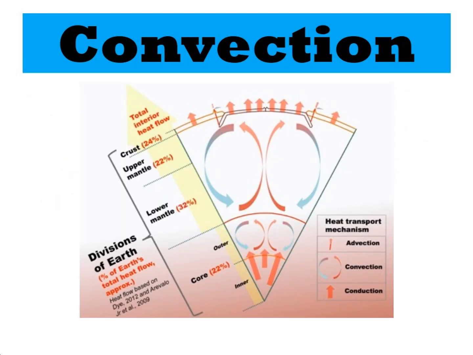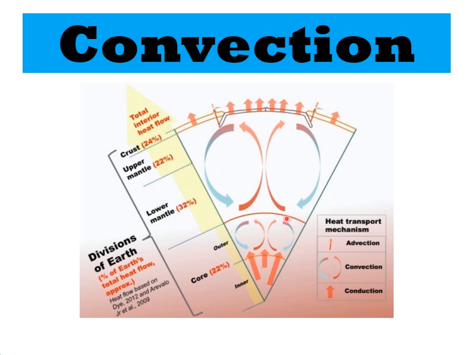This is an image of how heat is transferred through convection. Here in the core is the hottest temperature. The hot temperature goes upward and the colder temperature in this part will go down. And this part will become hotter.